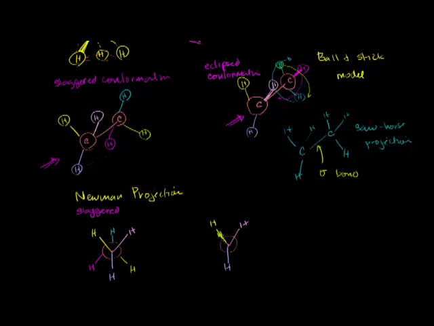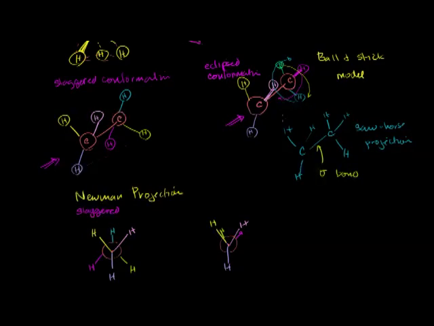But since that's a little bit messy, normally when people draw an eclipsed conformation as a Newman projection, instead of directly eclipsing that back hydrogen, they'll push it off a little bit to the right. So that magenta hydrogen is right there. It's really right behind the front one, but this is just so you can actually see that it's there.